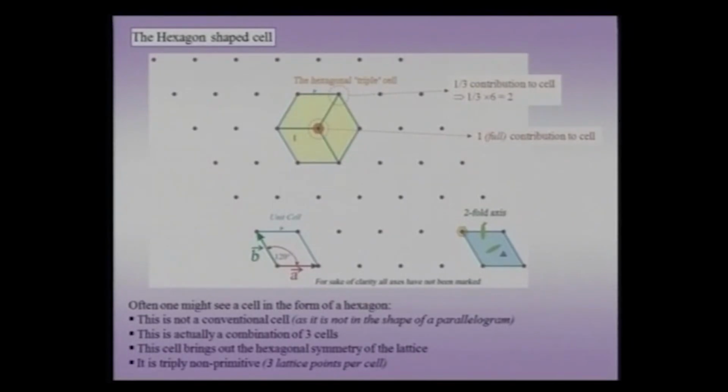Now, if we try to calculate the number of lattice points per cell for this larger cell, we see that the lattice points at the vertices of this cell make a contribution of 1/3 to this larger cell, and therefore the net contribution from 6 of these is 2. The lattice point at the center of the cell makes a full contribution, which is 1.